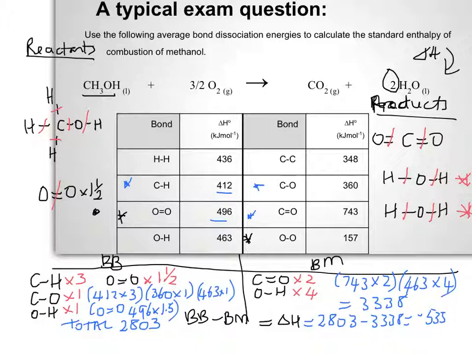And the units you will need to write for excellence, so 3 significant figures and units: kilojoules, little k, big J, and it's per mole, so MOL minus 1. Now, because it's minus, remember that means it's an exothermic reaction.